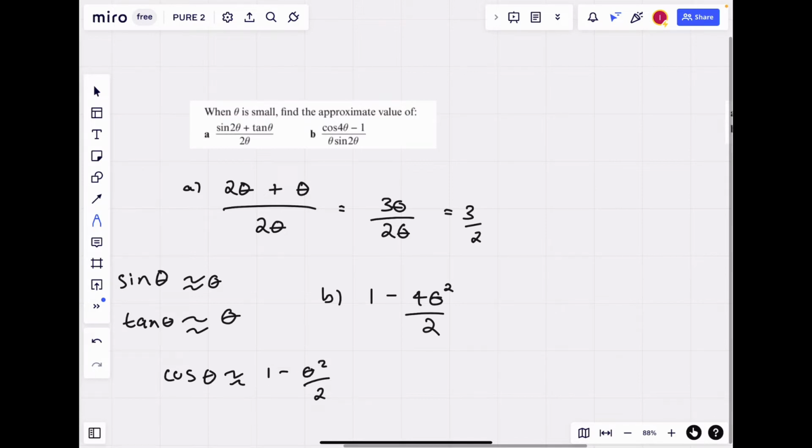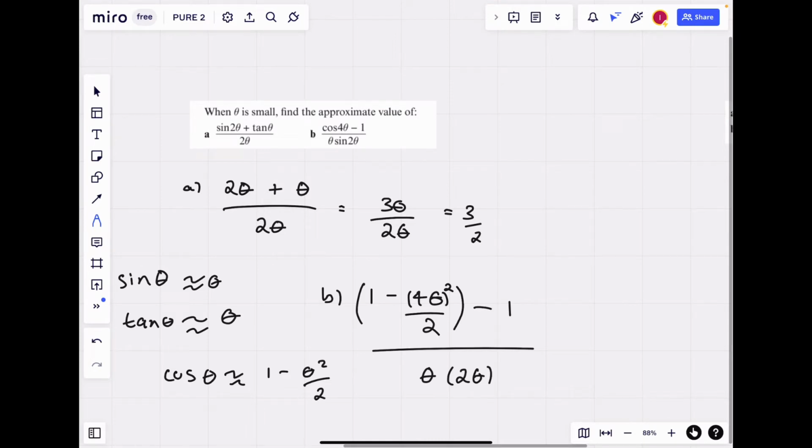It's just going to be the multiple of theta alone. This is going to be minus 1, all over, and this is going to be in brackets as well, all over theta sine 2 theta. So theta times 2 theta, like that.